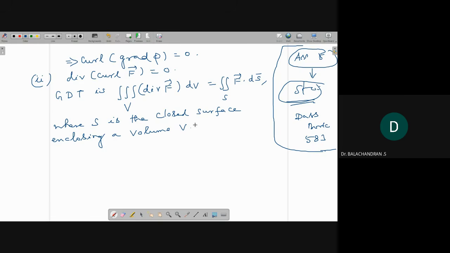Okay. Now, instead of this F vector, I replace it by the curl of a vector.